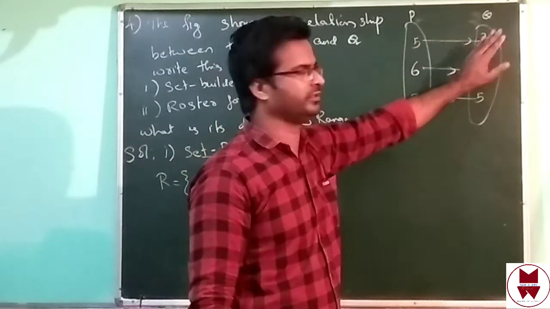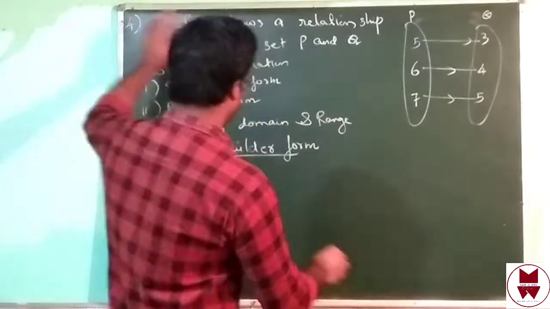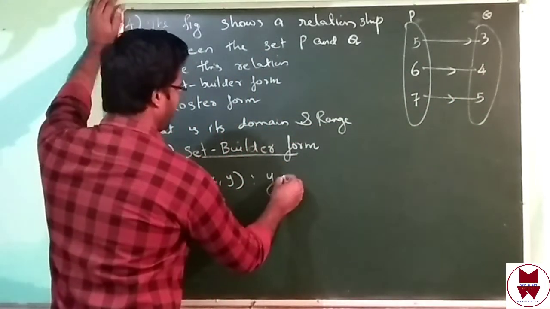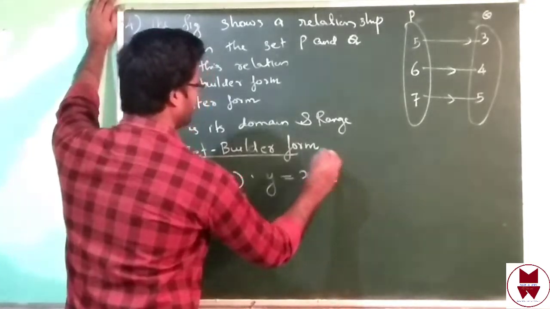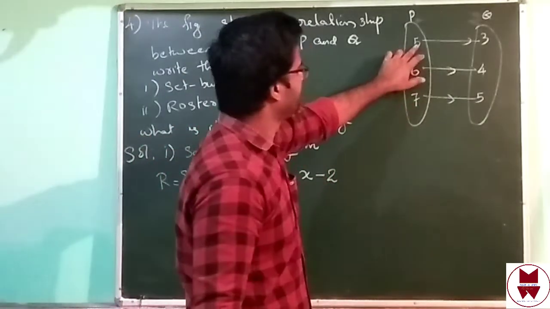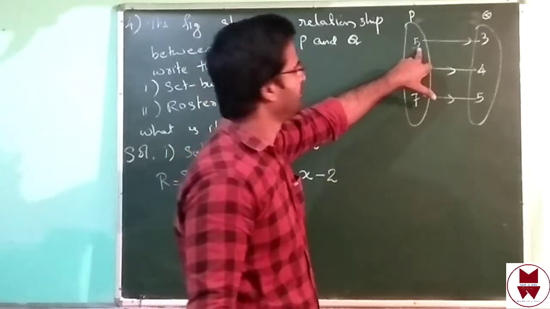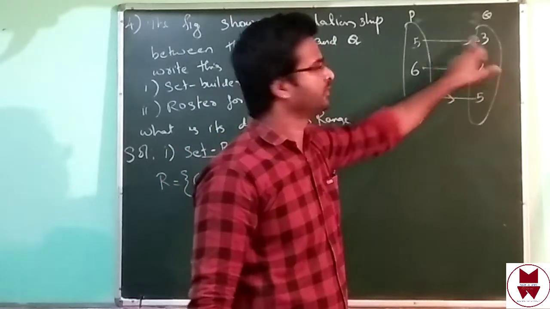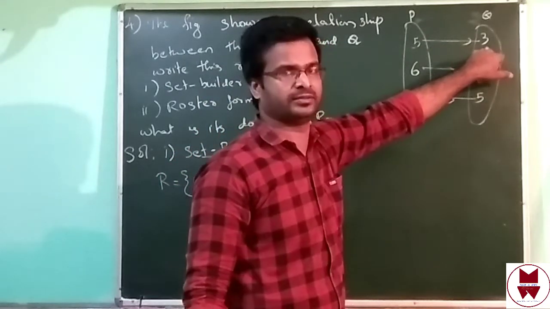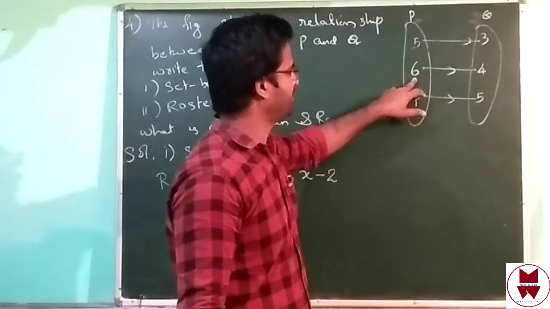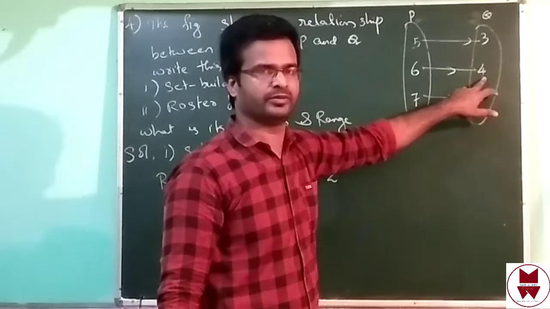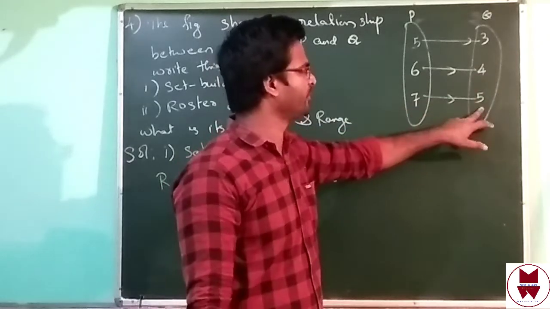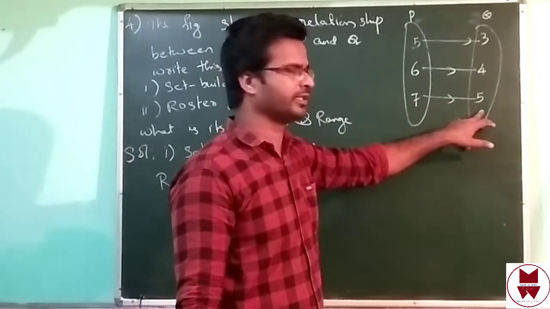This is x, this is y. Y equal to x minus 2. Check whether it is possible or not. Look, x is 5 and y is 3: 5 minus 2, what will you get? 3, isn't it? Then the next, 6 and 4: 6 minus 2 gives 4. Then 7 and 5: 7 minus 2 gives 5.